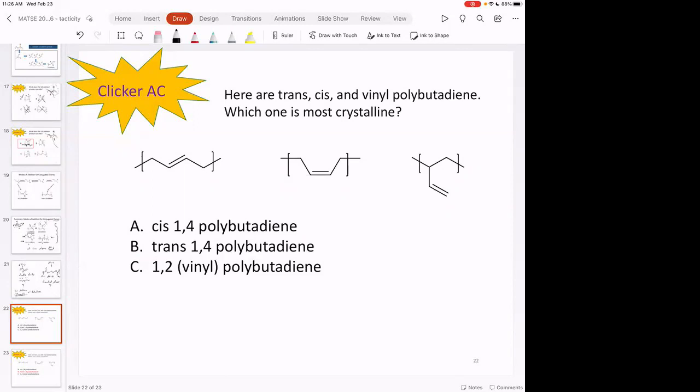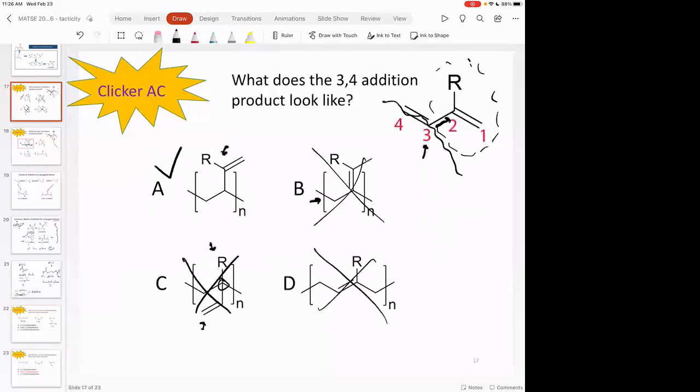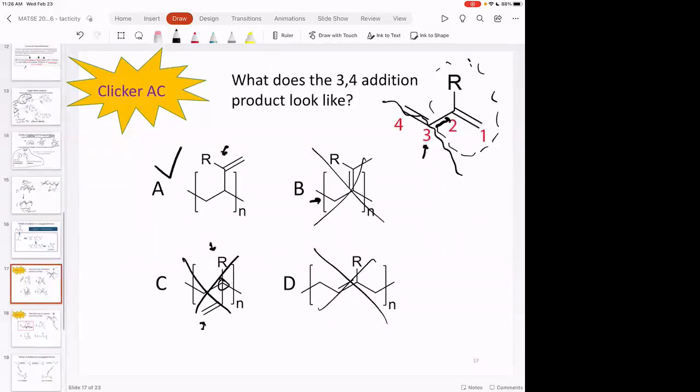All right. So we have trans, cis, and vinyl or 1,2 addition polybutadiene. So this is vinyl or 1,2. This is cis. This is trans. And the question is, which one is more crystalline? So we talked about this last time. Well, we talked about this way up here.